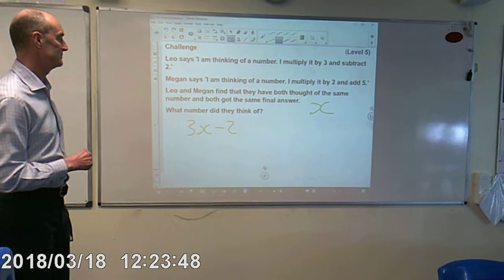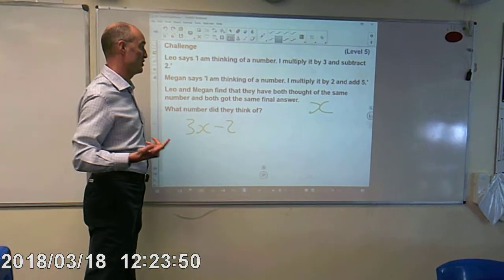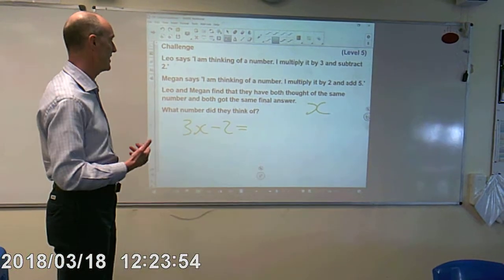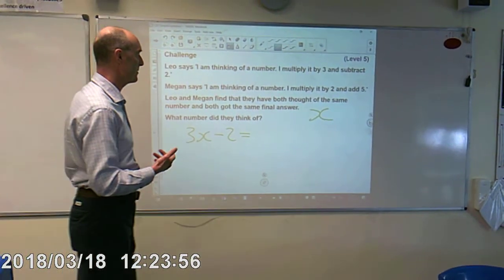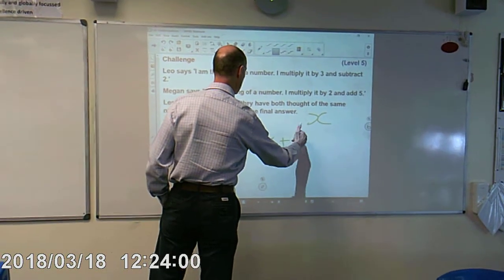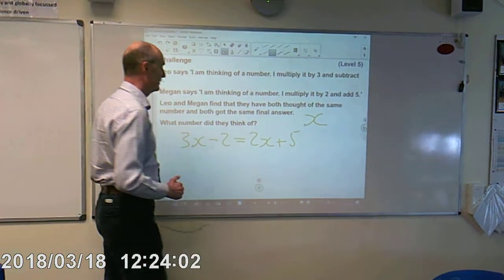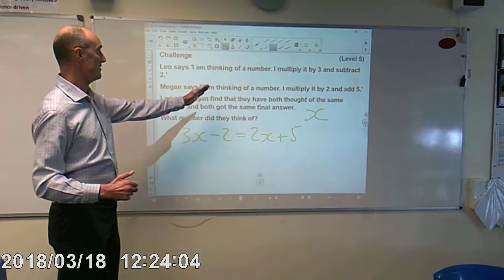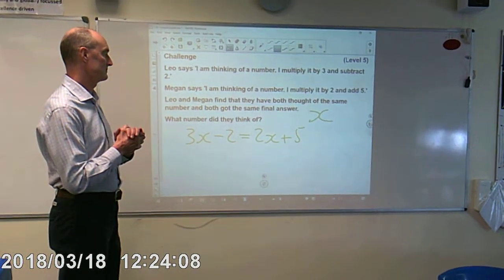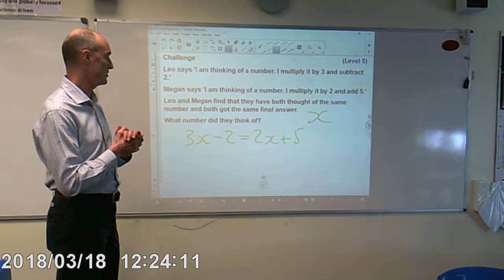Bear in mind, they found that they thought of the same number, so it's x again. Megan is thinking of a number, she multiplies it by 2 and adds 5. So 2 lots of x plus 5. But they're equal to each other.